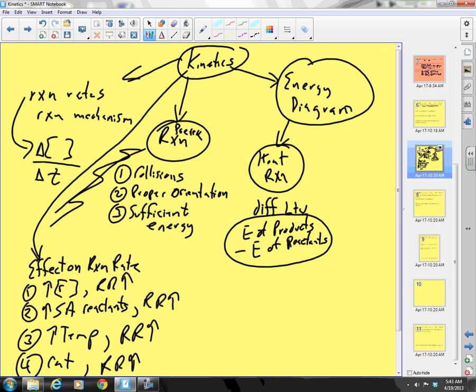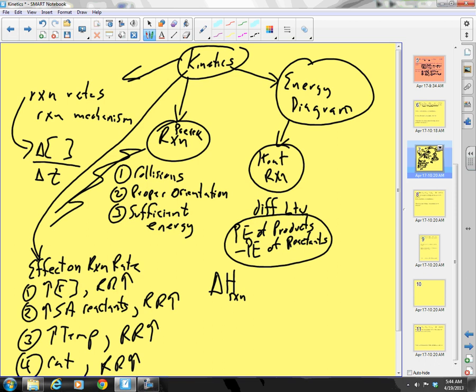The energy of the products, meaning the total energy, potential energy we might want to go with, that the products have, minus the potential energy of the reactants. And we let that be represented by a delta H, and oftentimes we put delta H reaction, but not always.